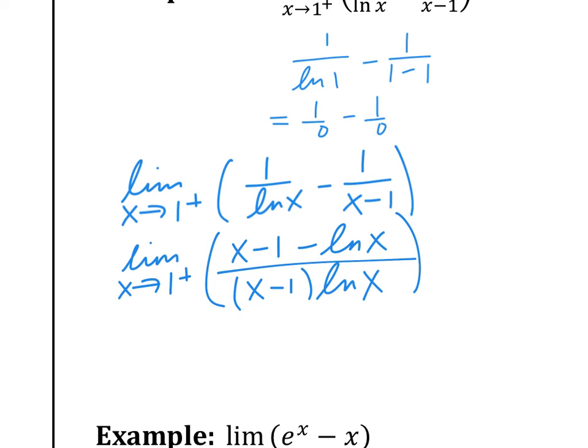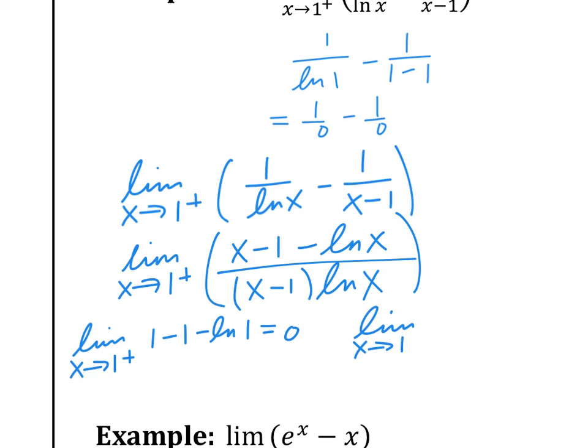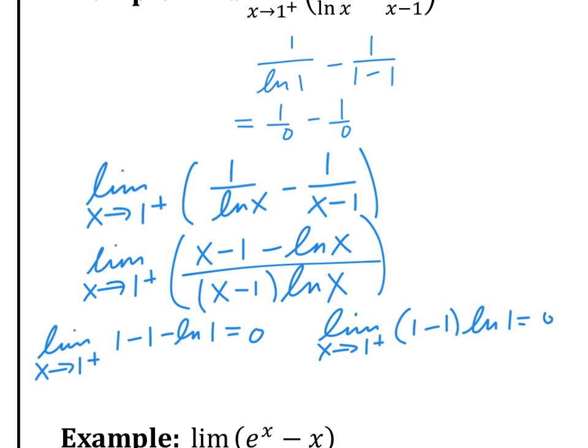Now what happens if I plug in 1? 1 minus 1 minus natural log 1 is 0. And then the denominator, 1 minus 1, 0. Right, so now I made it into a 0 over 0. So I can use L'Hopital's rule.